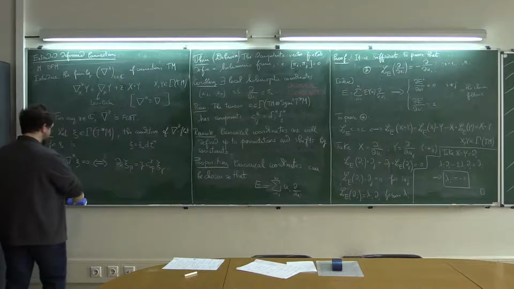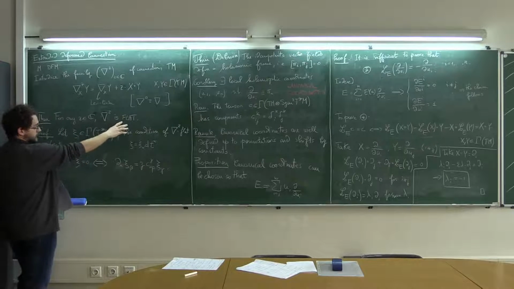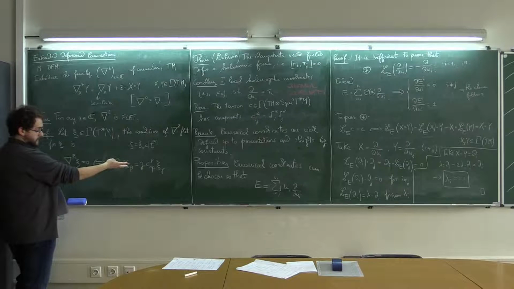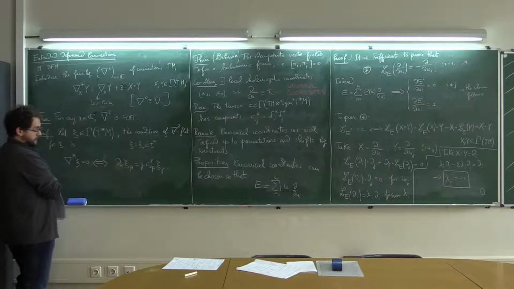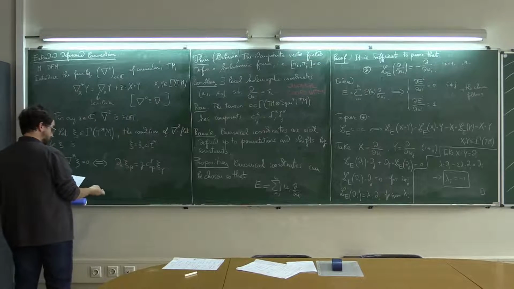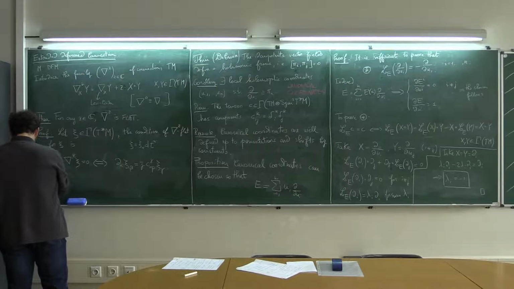And to claim that the connection is flat means that this joint system of differential equations is integrable. So for that we need to check what? The obstruction to integrability is the following.